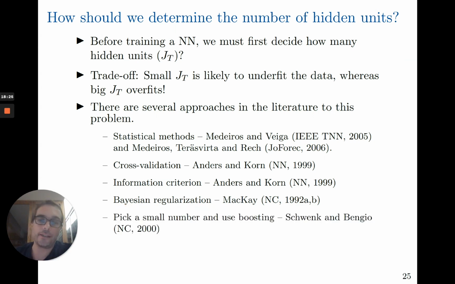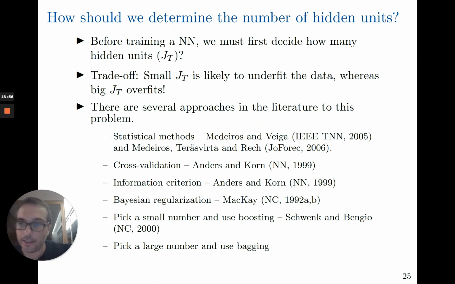Another technique that can be used: pick a small number of neurons and use boosting. You use boosting to combine small, shallow networks that are poor learners, but when you combine them, you have a very strong model. Or you can pick a large neural network and use some bagging to estimate it.